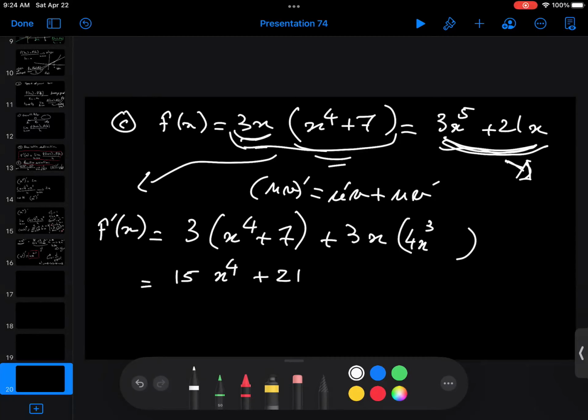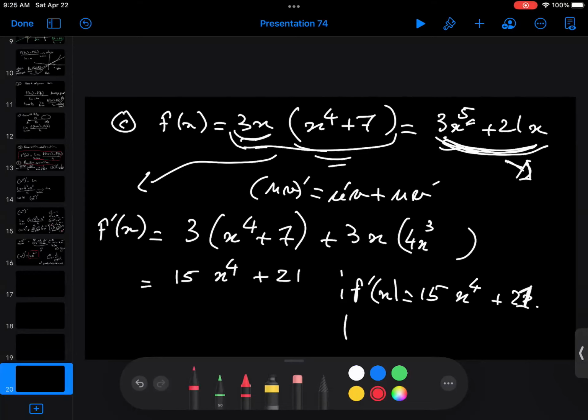So I could also use directly this expression. The derivative of 3x^5 is 3 times 5, 15, x^(5-1) is x^4, plus 21. So I found the same thing.